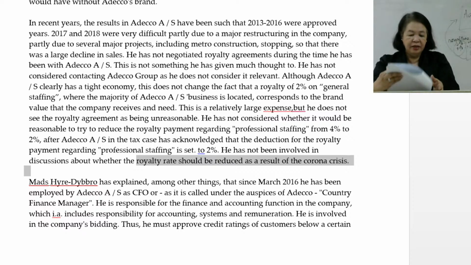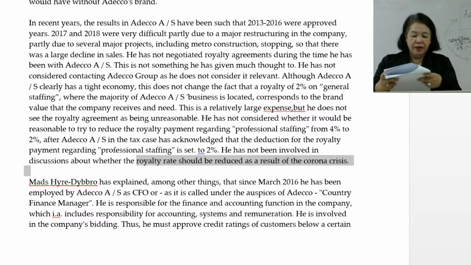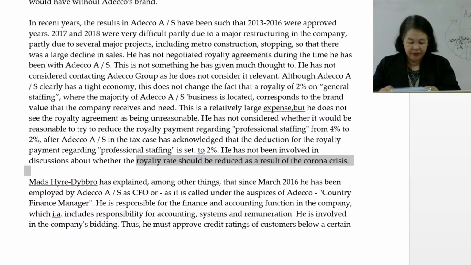Okay, so who is he? Mads Harry Debro is a country finance manager, no? He is responsible for the finance and accounting function in the company, which includes responsibility for accounting systems and remuneration.